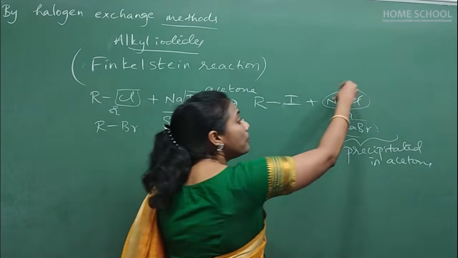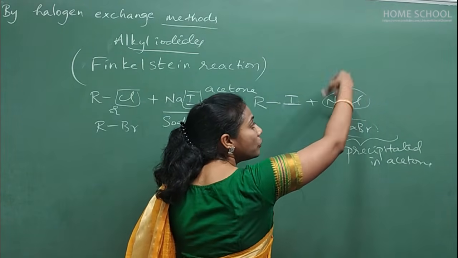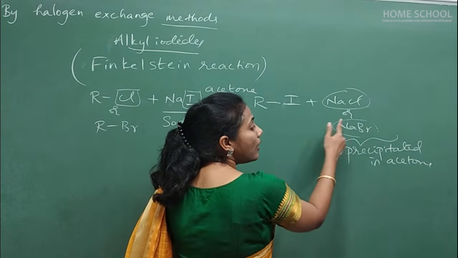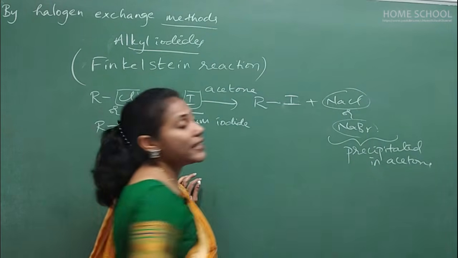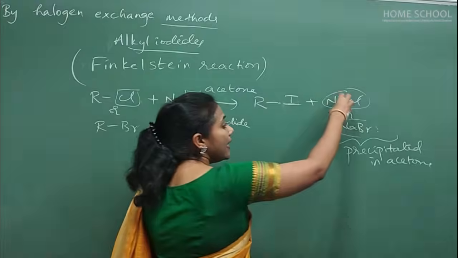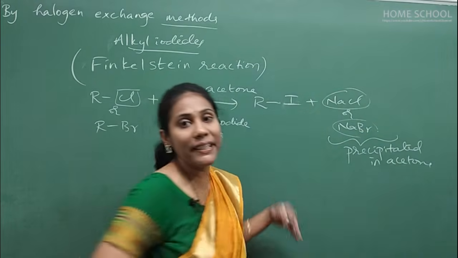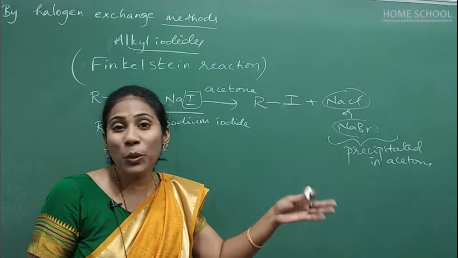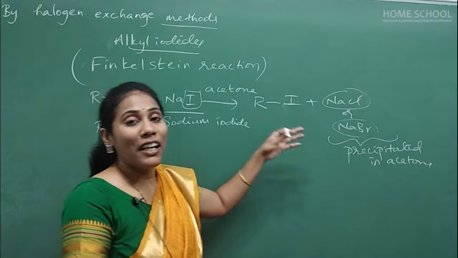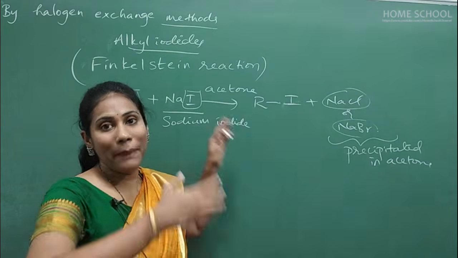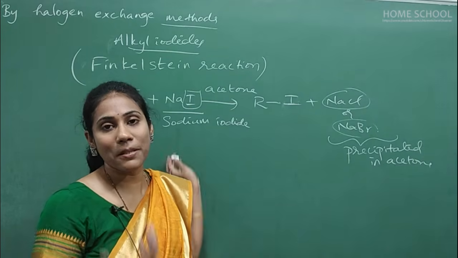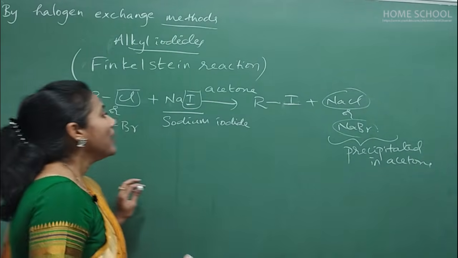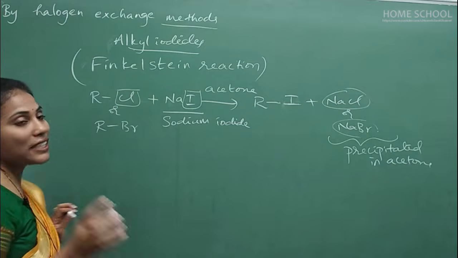So to remove this NaCl, acetone is used. NaCl or NaBr gets precipitated in acetone so that it is no more available for RI to react in a backward, reversible way. So that is all about the Finkelstein reaction.